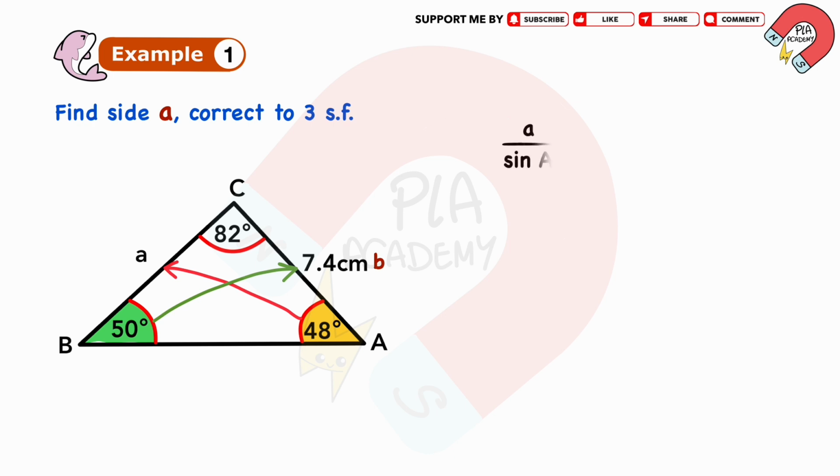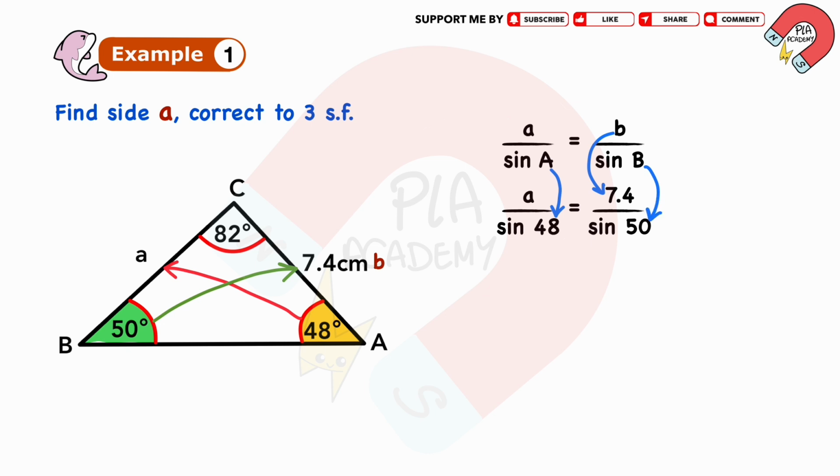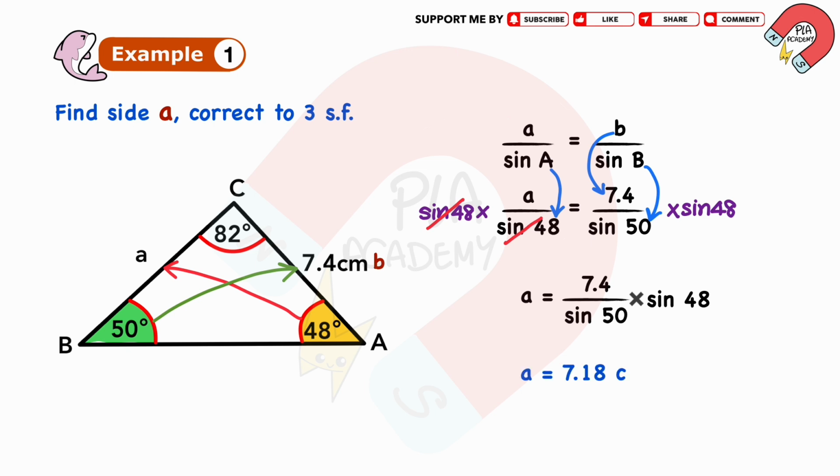Side a over sine A equals side b over sine B. Now let's substitute our values: 48 degrees for the angle A, 7.4 centimeters for the side b, and 50 degrees for the angle B. Multiply both sides by sine 48, so a equals 7.4 over sine 50 times sine 48. Using a calculator, we get side a is equal to 7.18 centimeters to three significant figures.